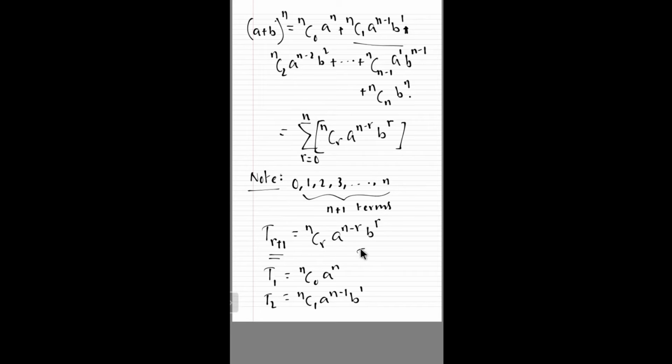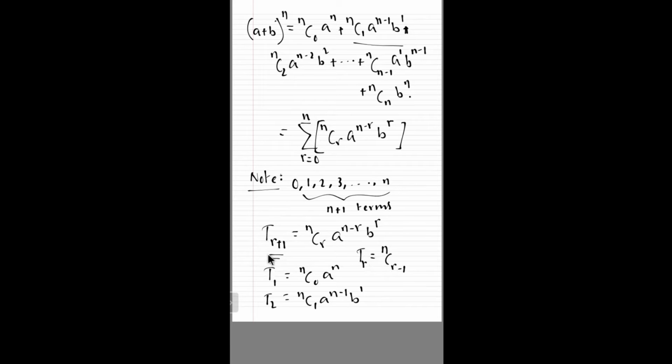So what should be t r? t r should be nC r minus 1. It is always 1 less than the index. That's why the index we are taking here as t r plus 1, and we are getting nCr here.